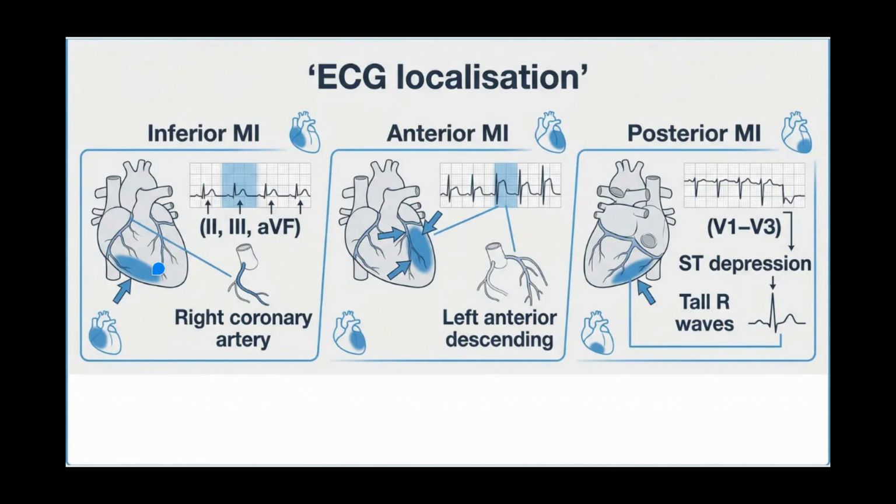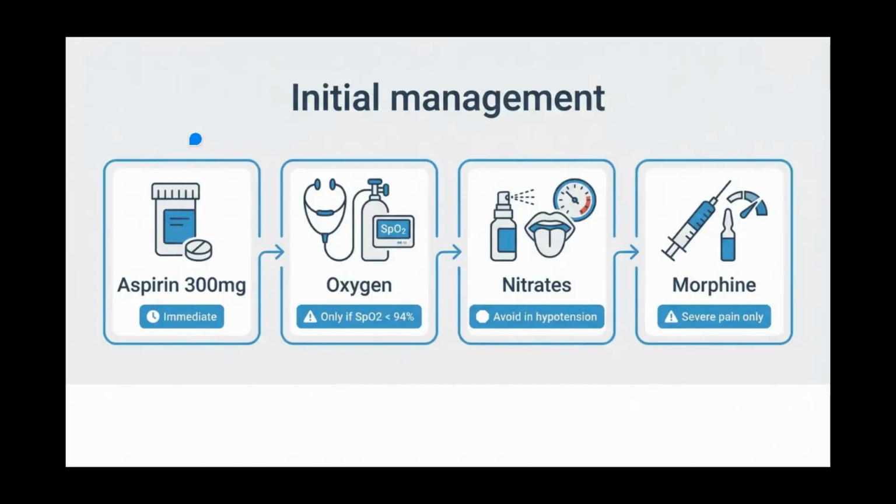Anterior infarction involves the left anterior descending artery, and posterior infarction presents with ST depression in V1 to V3 with tall R waves.